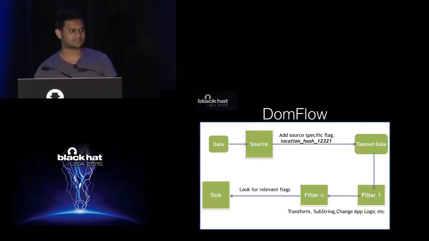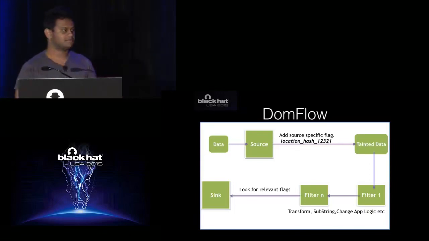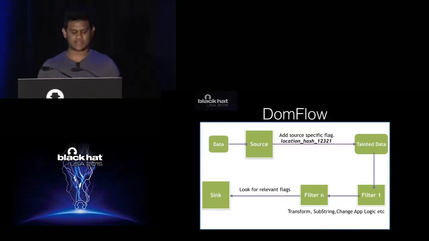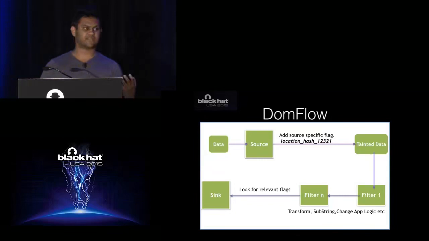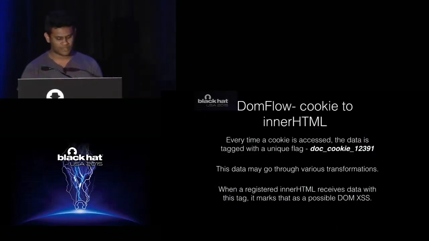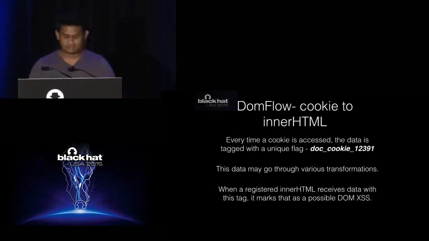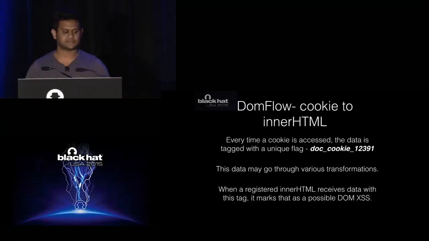Whenever a sink receives data, the sink also knows, okay, if this has gone through a source which has already had a flag attached to it, then you can tell whether this piece of data has taken this path or not. Thinking of a simple example, you have document.cookie which goes through different methods and ultimately ends up in some div.innerHTML.